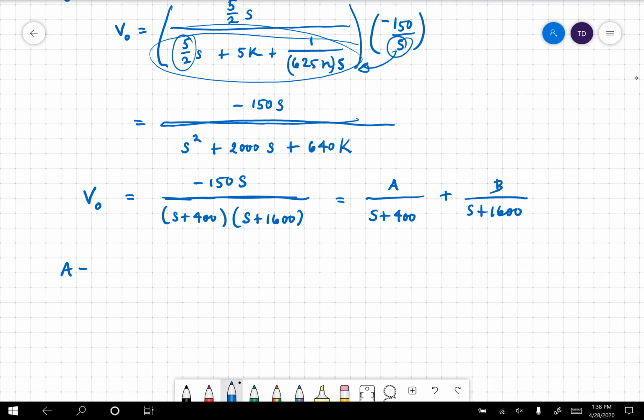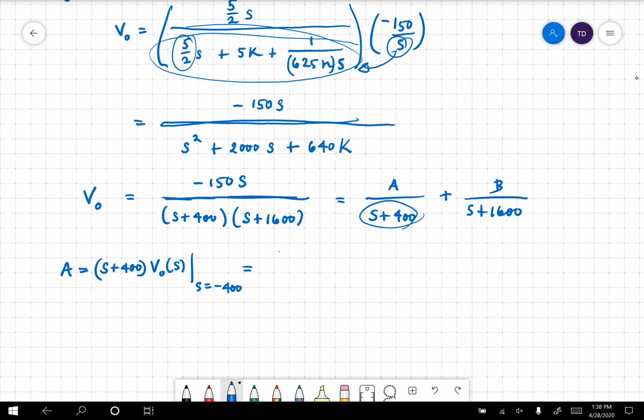Okay, A is equal to s plus 400 times V0 of s, evaluated when s is equal to minus 400. Evaluated when A's denominator is equal to 0. A value of s that causes A's denominator to be 0.